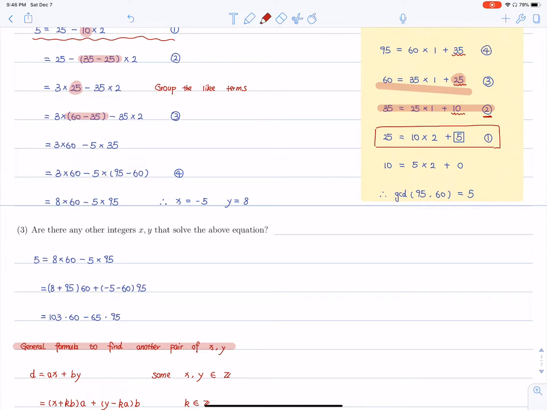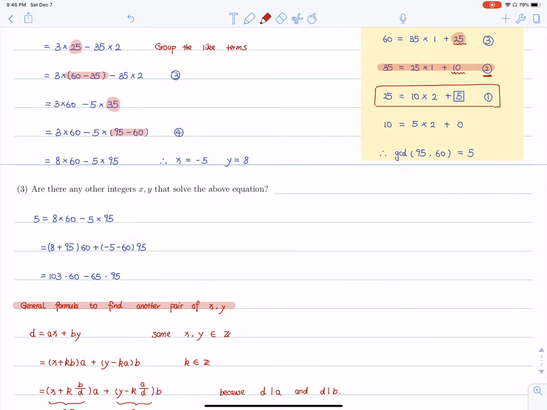Again, we get stuck. You check step 4 right here. We have 35 here. Again, we do the same thing. Substitute your 35 with 95 minus 60. This is when you use your step 4.